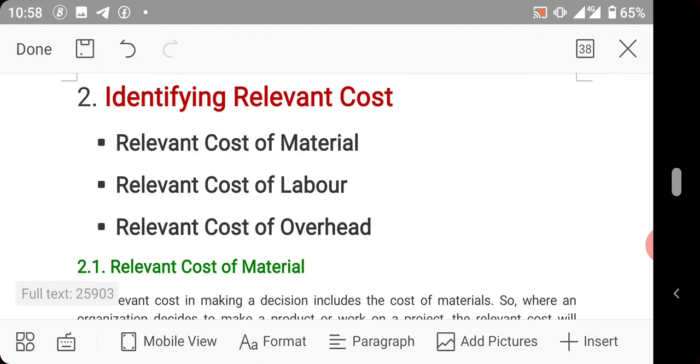There is no actual unanimous classification of cost, but most authors and accounting researchers have candidly classified cost, maybe into three, which are material, labor, and overhead. Now, when we talk about material, it includes direct and indirect.